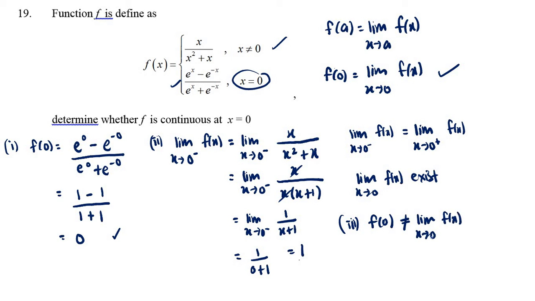Okay, so if it is not equal, so therefore we can say that f(x) is discontinuous lah. Okay, so it is not continuous, at x equals 0.